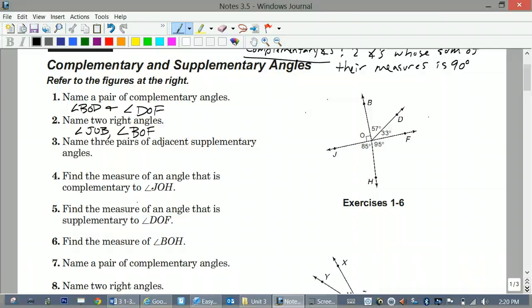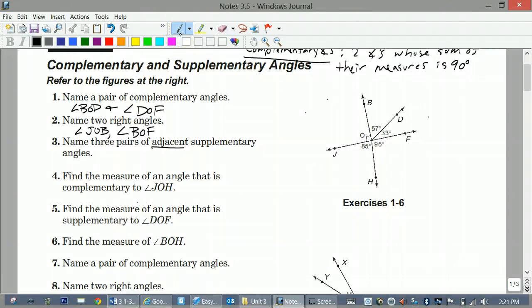By the way, supplementary and complementary angles don't necessarily have to be adjacent. They can just be written like this. These two can be complementary, but they're not adjacent. They're just close to each other. They don't share a ray. But they add to 90.